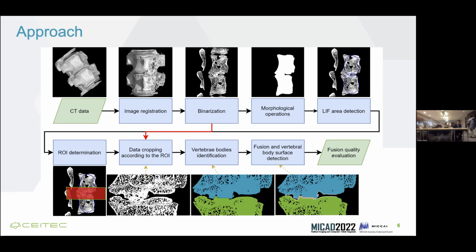The dataset is then cropped according to this region of interest, and utilizing an advanced iterative watershed transform, those two vertebrae are separated to find the actual surface of each vertebra and the joint area.